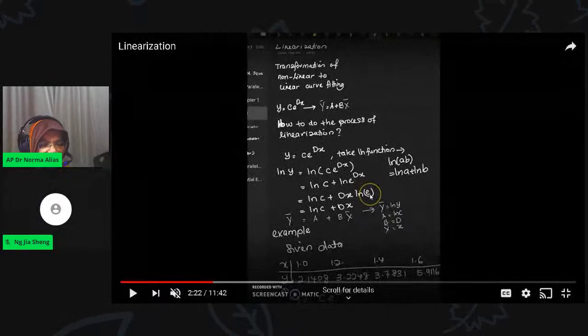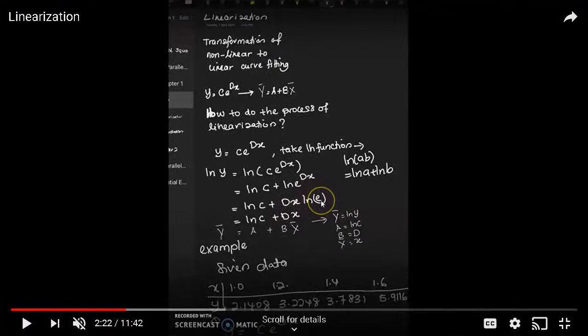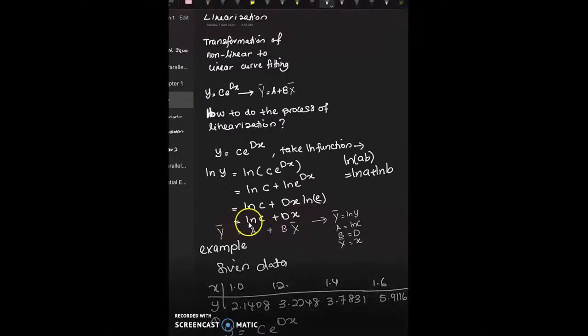Let's focus on the notes. Now you can see here that you already transformed it: ln y is equal to ln c plus dx, which is a linear form. Y bar is ln y, a is ln c, and b is equal to d.